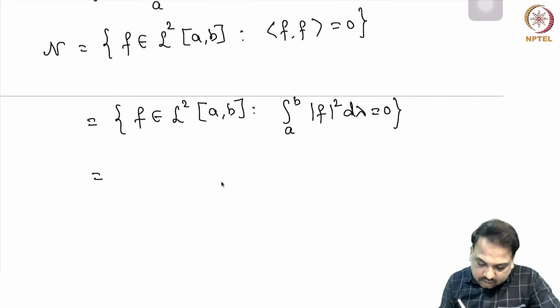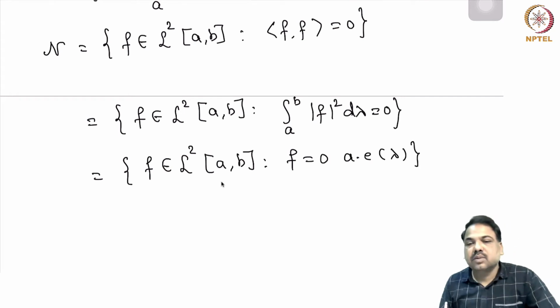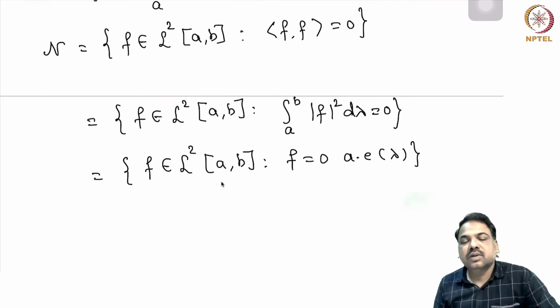So this is nothing but the set of all f in script L2[a, b] such that f equals 0 almost everywhere with respect to the Lebesgue measure lambda. So N consists of almost everywhere 0 functions.